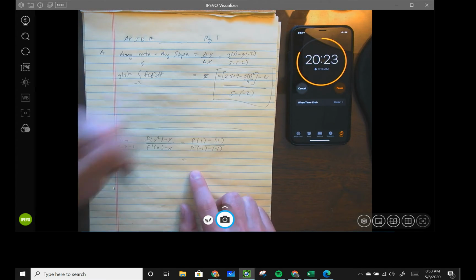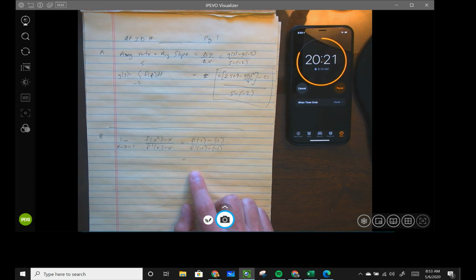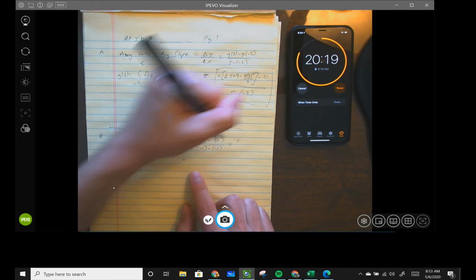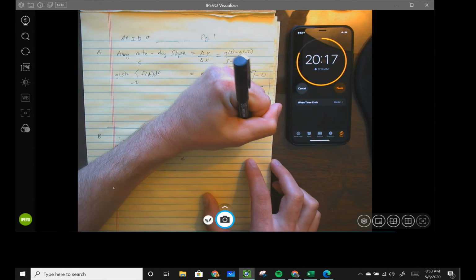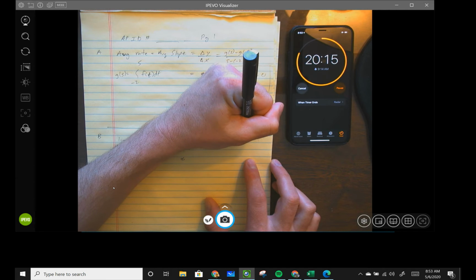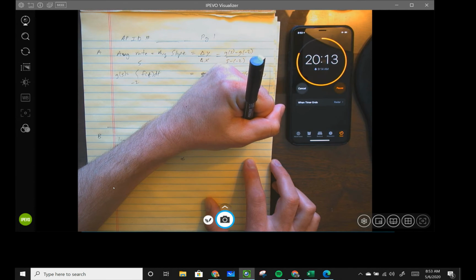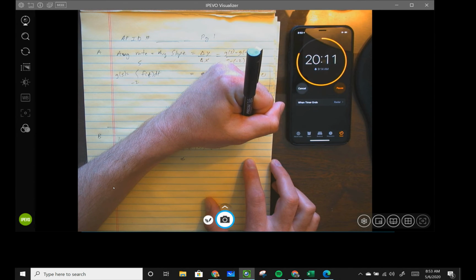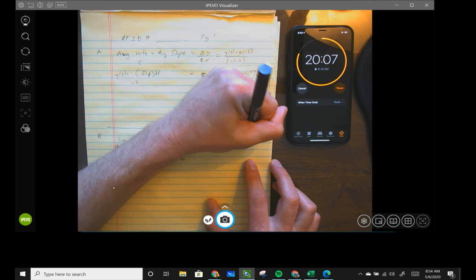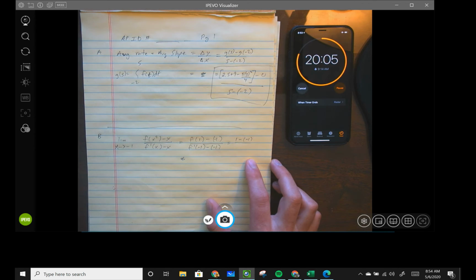Okay, what's f of 1? F of 1 is 1, so that's going to give us 1 minus a -1. So it's not 0 over 0.